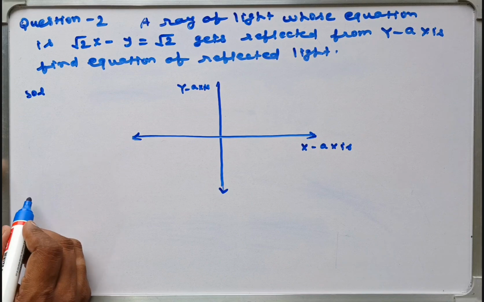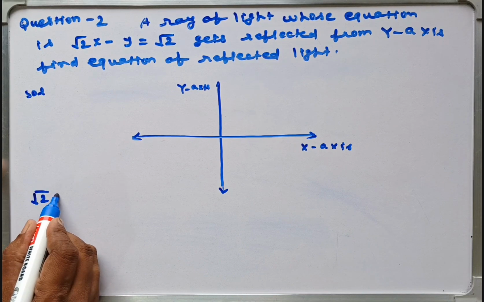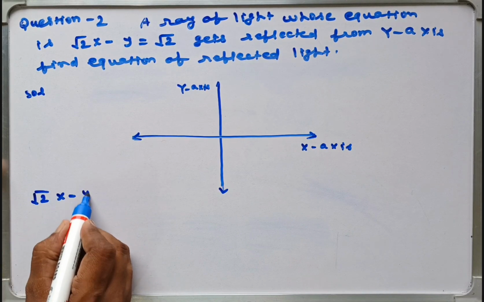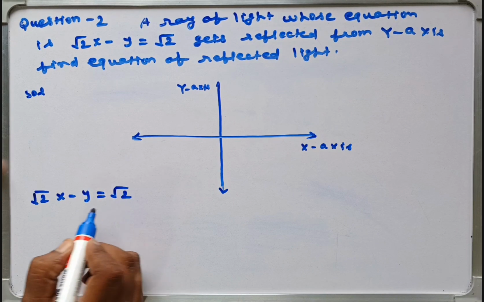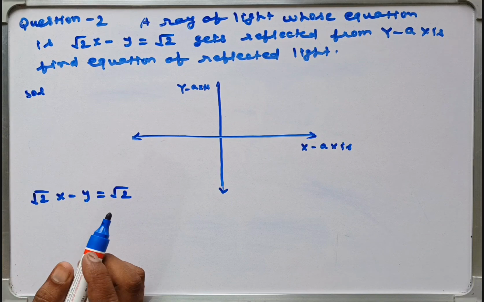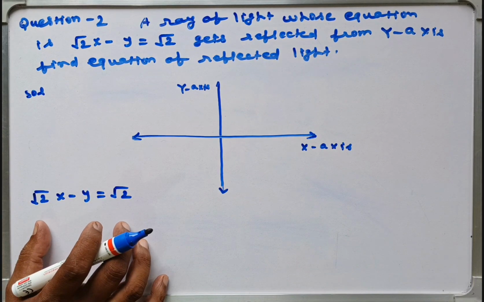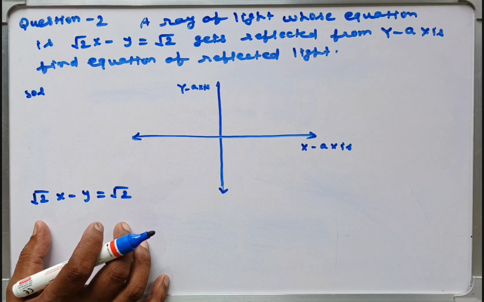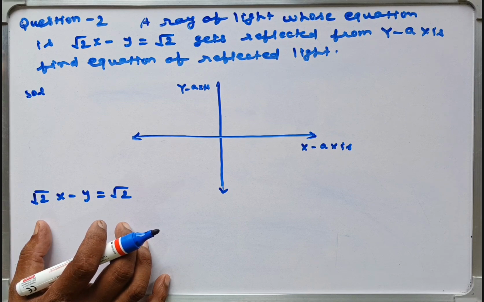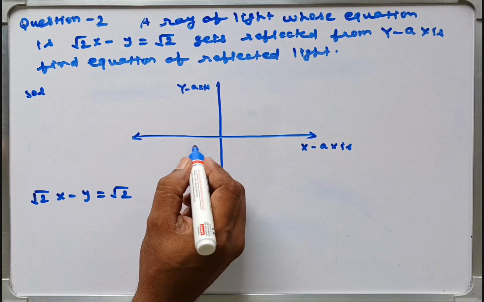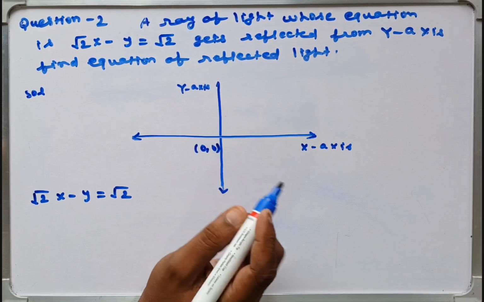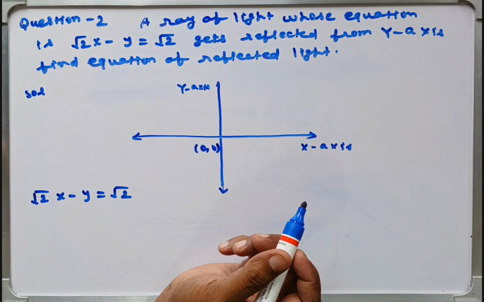Now the question is saying this ray is reflected from the y-axis. So first of all, you have to find out where it is reflected. When it is reflected from the y-axis, the x coordinate value of that point is 0.